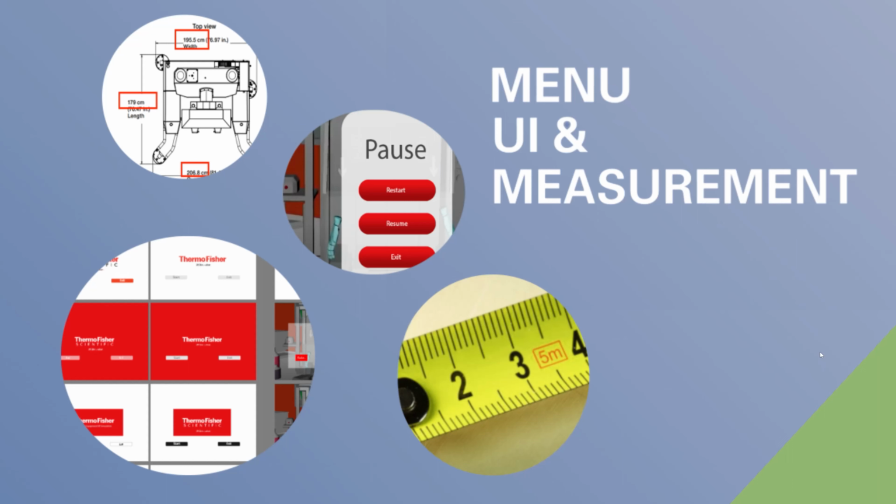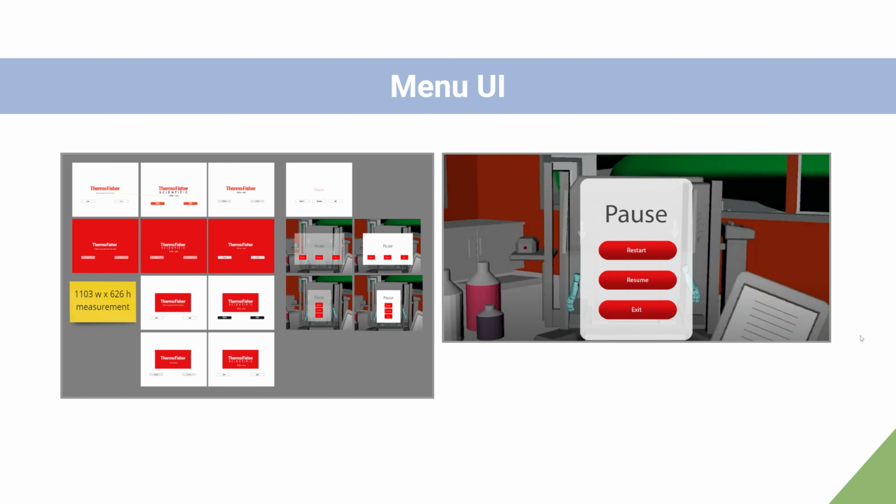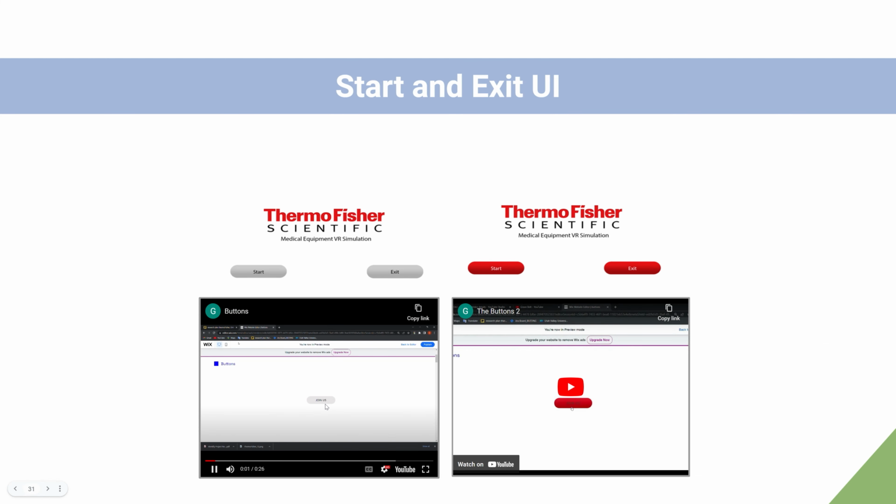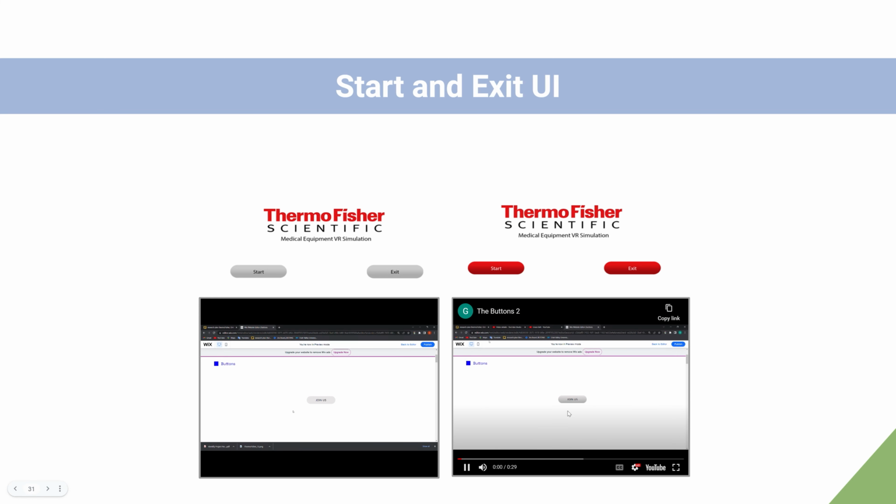This is the menus and UI and measurements. This is what my team member Grace is in charge of. She has created some UI designs for us to go back to our clients and ask what they would prefer. She created a widget where we could see what it would look like if we were to add some interactability with the buttons.